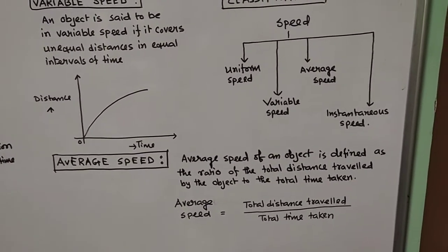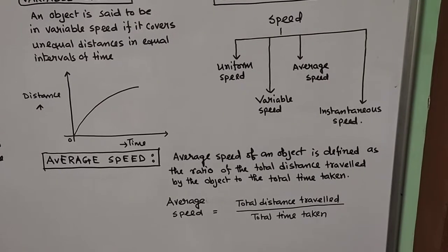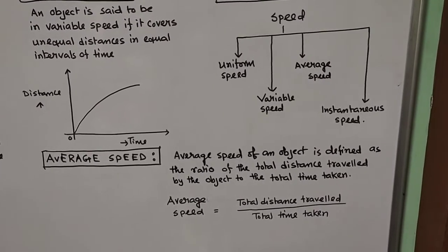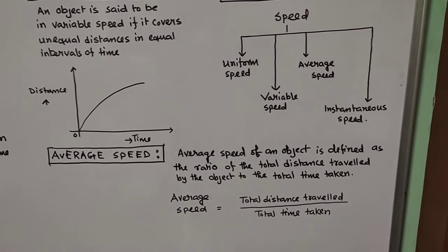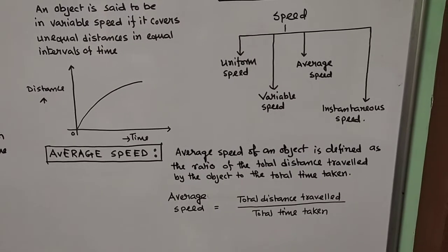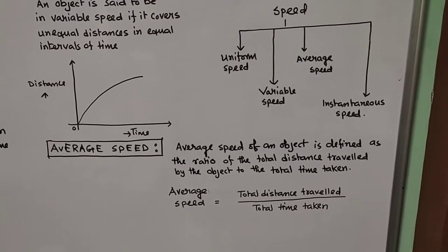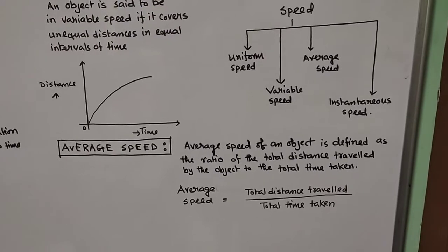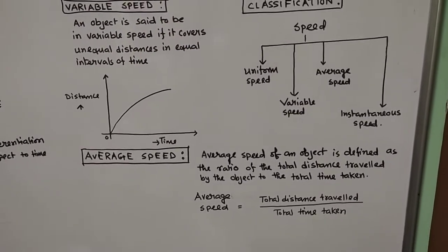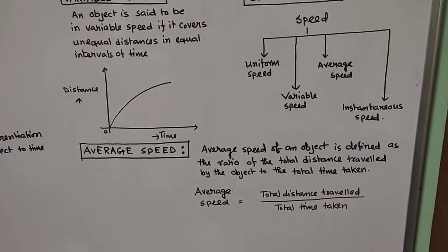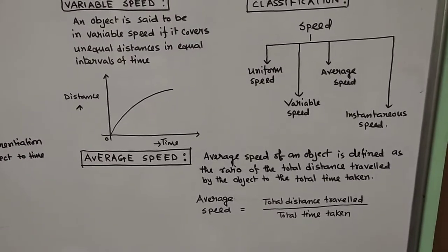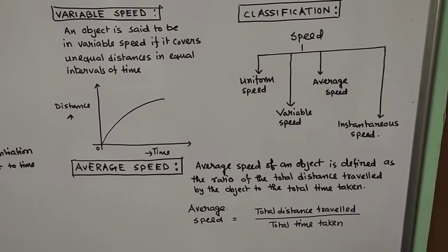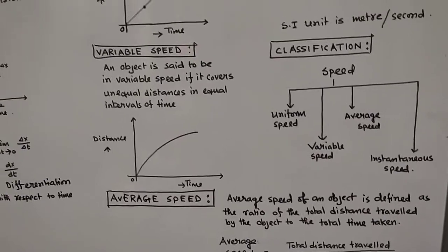As per the statement, average speed of an object is defined as the ratio of the total distance traveled by the object to the total time taken. So average speed is nothing but your total distance traveled divided by total time taken. I think you know this one, but here we are going to study this classification elaborately.